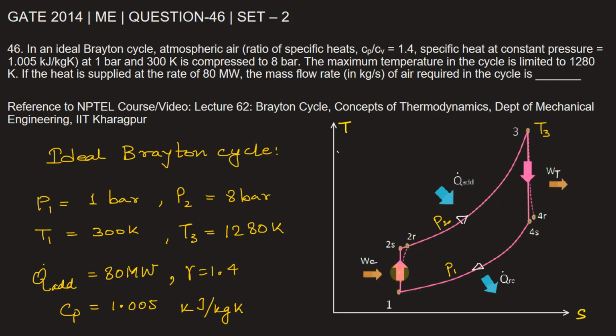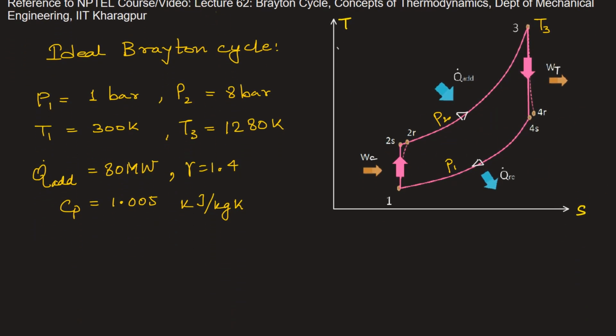Now we know that process 1 to 2 is an isentropic process because the entropy remains constant, so it will follow the isentropic relation. Let's write down the isentropic relation for process 1 to 2. T2 by T1 is equal to P2 by P1 to the power of gamma minus 1 by gamma. Therefore, we can find the value of T2.